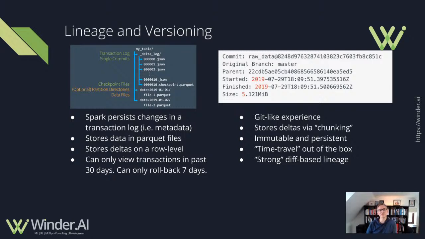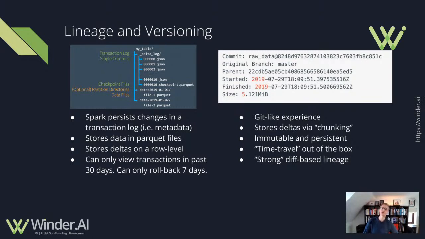Even if you have a massive JSON blob, for example, if you update one character within that JSON blob, it effectively updates the whole row, and therefore you need to store that whole new row again. It also has fundamental limitations on the amount of time in which you can go back to previous data.